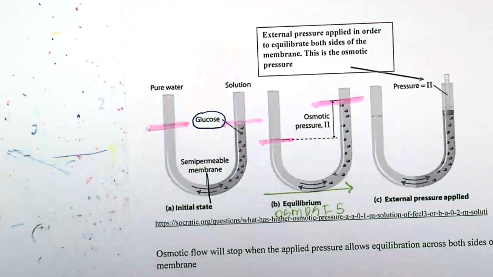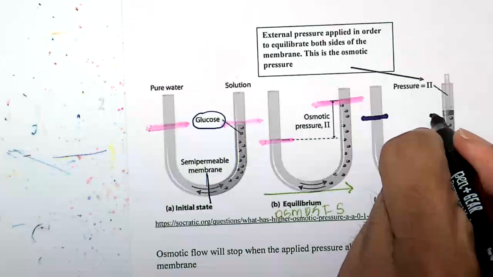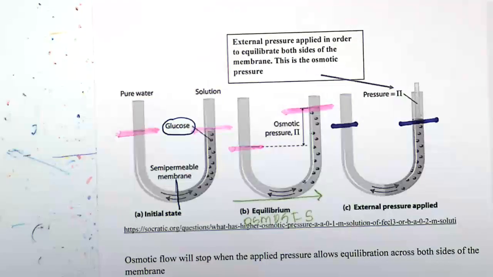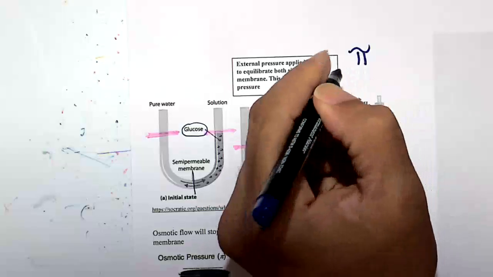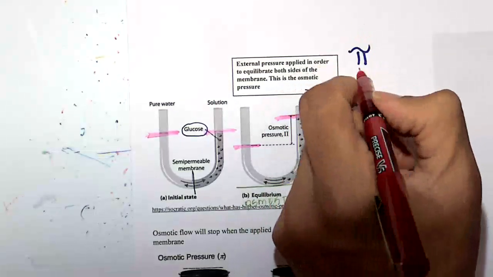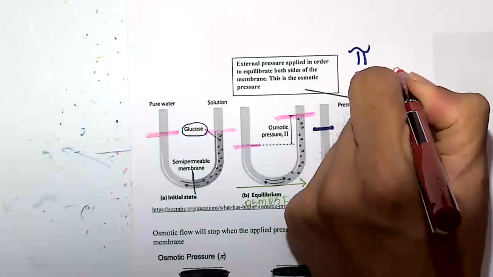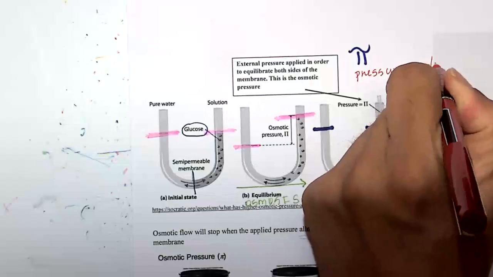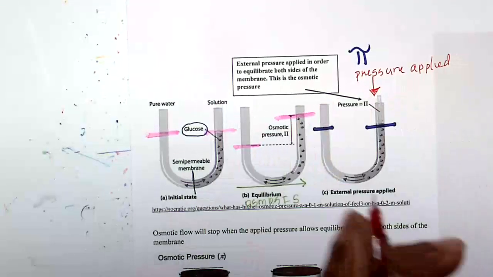Osmotic pressure is the pressure that you put in to stop this osmosis. Now, because of this pressure, the levels are equal. So this is the pi, the osmotic pressure, the pressure that's put in to prevent osmosis.